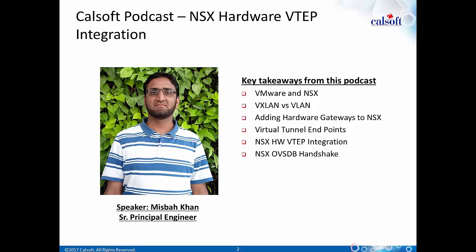The idea behind this hardware VTEP is to create an overlay network that connects virtual machines and physical servers. This makes them think that they are in the same network, even if they are on different sides of the globe. So the solution here is you need to develop hardware VTEP capabilities on the physical switch that will be connected to your virtual network.